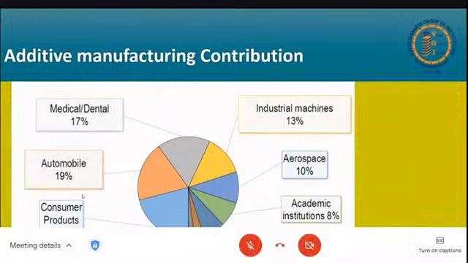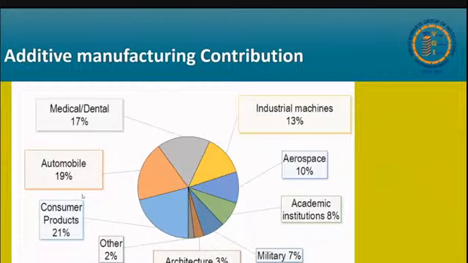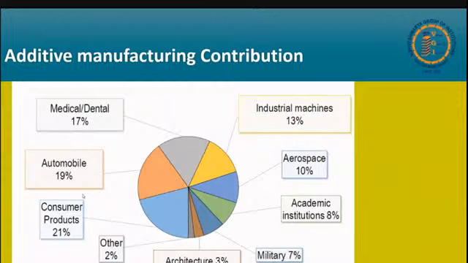In automobile, again, everything goes through that same process of prototyping with 3D printing. In aerospace we need design freedom to optimize our parts, and that can only come from 3D printing.